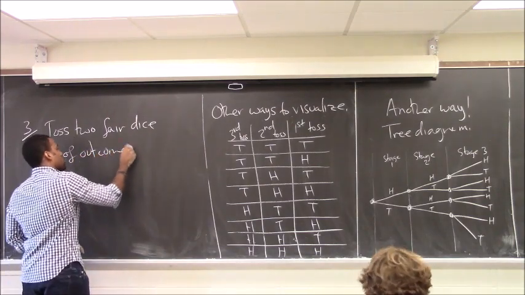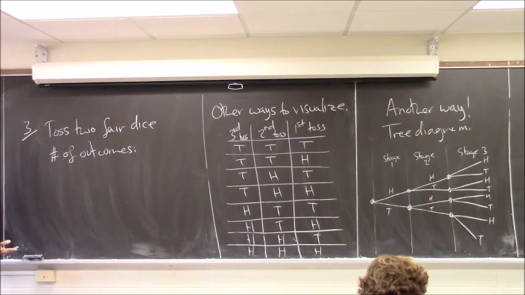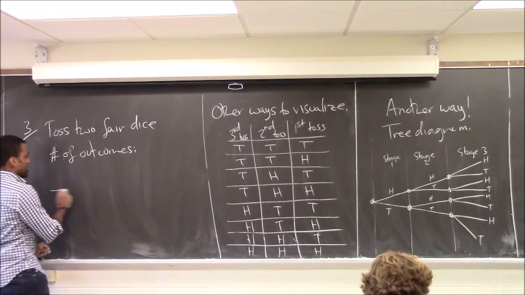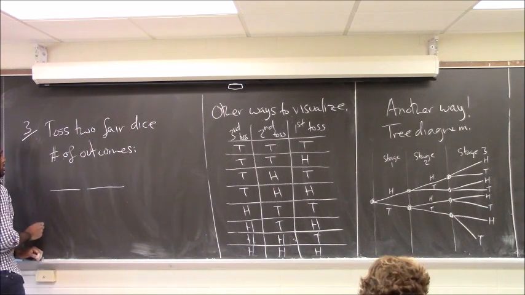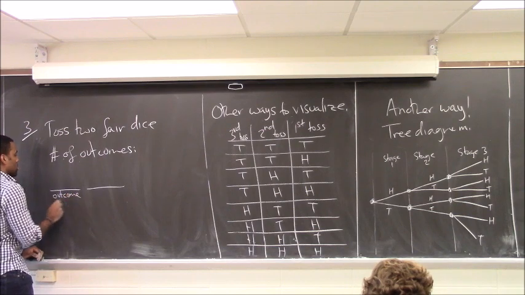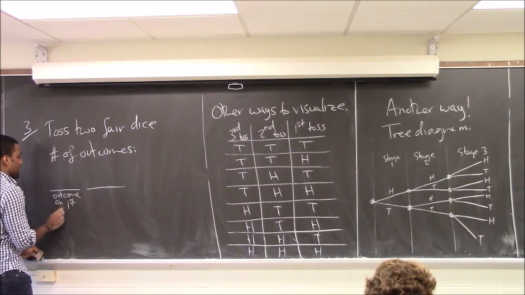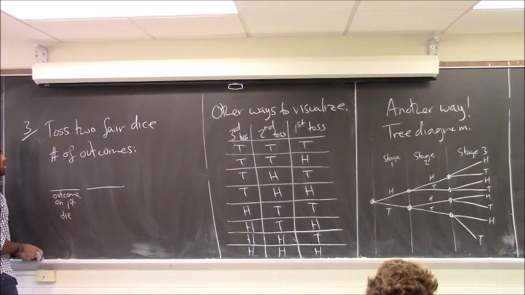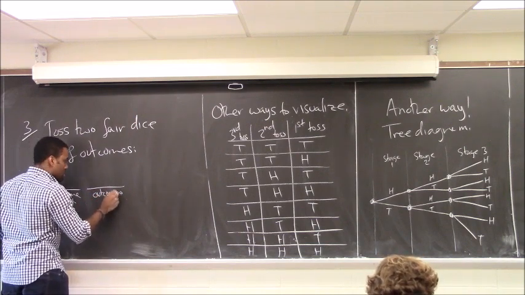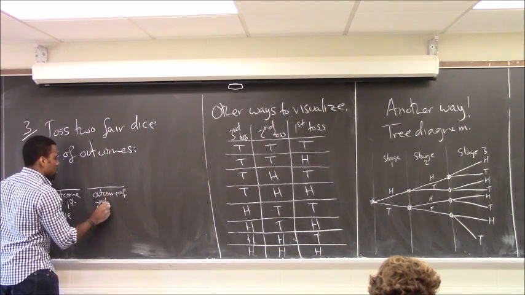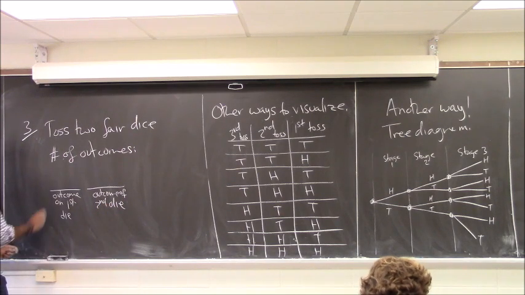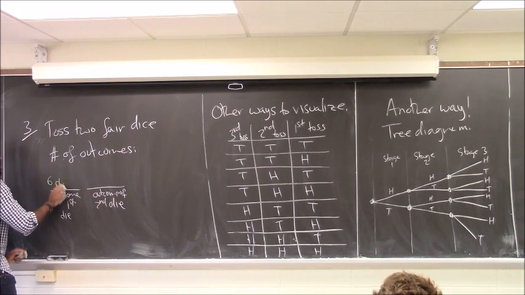What you can do, probably the nicest and most concise way to think of this, is stages in an experiment. Think of stage 1 as the outcome of the first toss, the outcome on the first die, and stage 2 as the outcome of the second die. Now, of course, in the first one there are 6 choices that you can make.